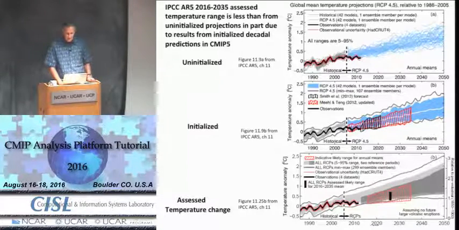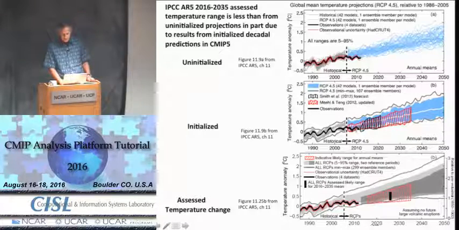Then we tried to show what happens if you put in this additional information from these initialized predictions. Here's a set of predictions initialized basically in 2006, and here's some that were initialized later in 2012. And you get some error bars here from these initialized predictions. You can see that they're in the lower part of the uninitialized model spread.